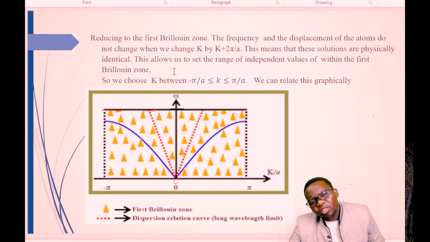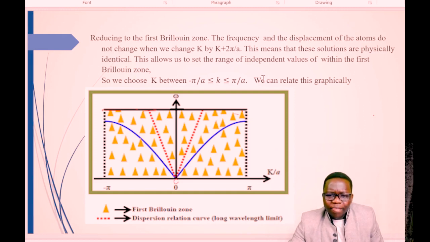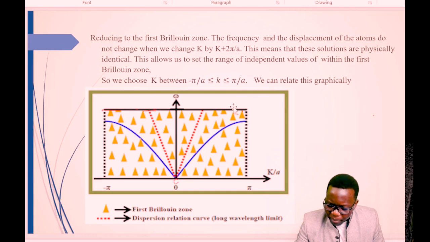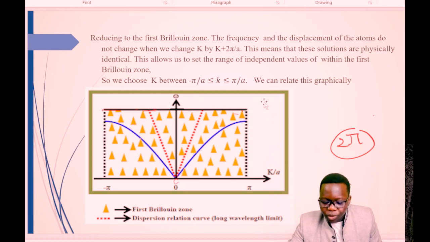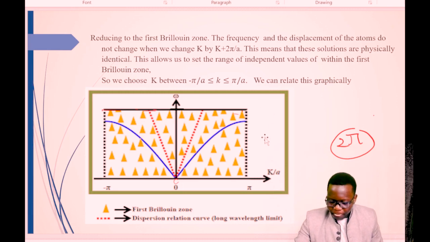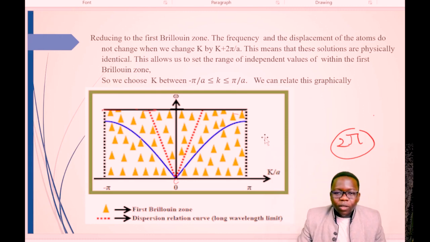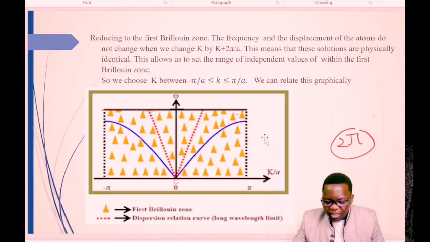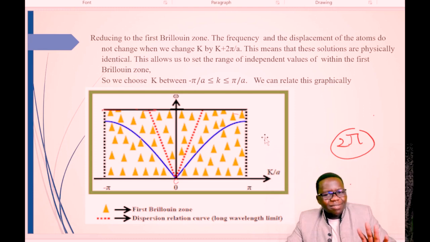Assuming we try checking the second Brillouin zone by taking a k value that is, let's say, 2 pi. If you put 2 pi, we would actually not get what we need. Why? With k plus 2 pi, we would get solutions that look physically identical, so it doesn't really make any meaning.